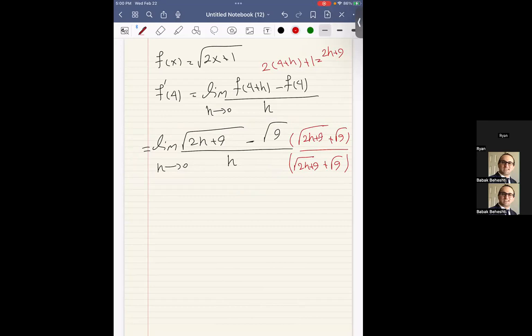Once you multiply, remember (a minus b) times (a plus b) is a squared minus b squared. So on the top, you get 2h plus 9 minus 9. At the bottom, you get h times (root of 2h plus 9 plus root 9).